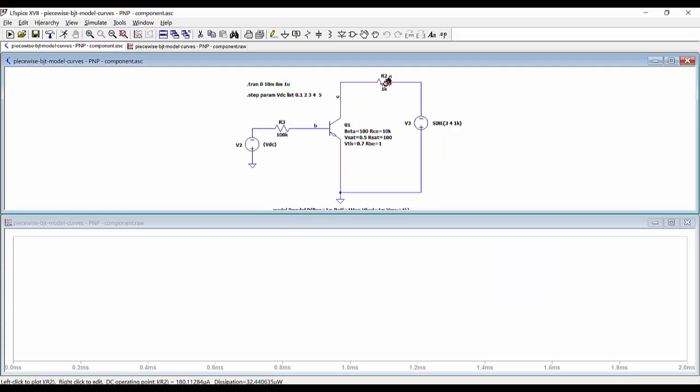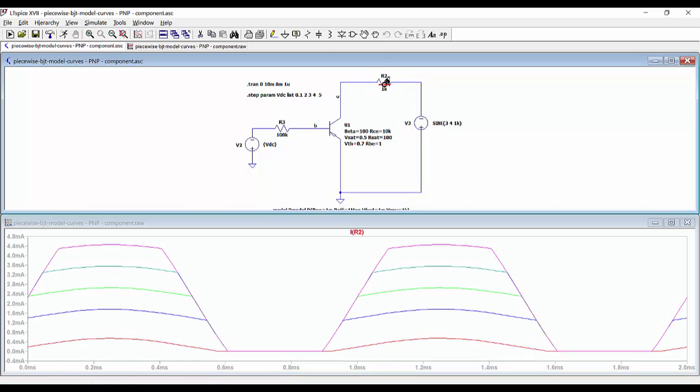Now we want to represent also the characteristics. So now we are going to measure the current out of the collector using the current through resistance R2. And we are going to represent this as a function of the collector to emitter voltage.